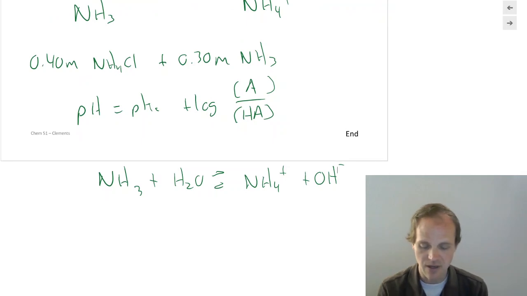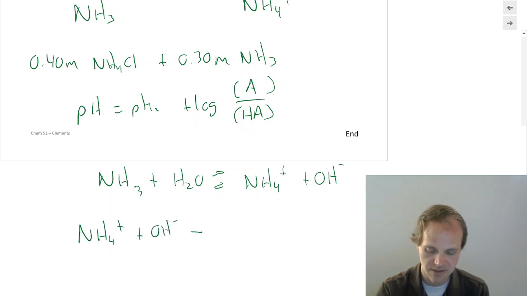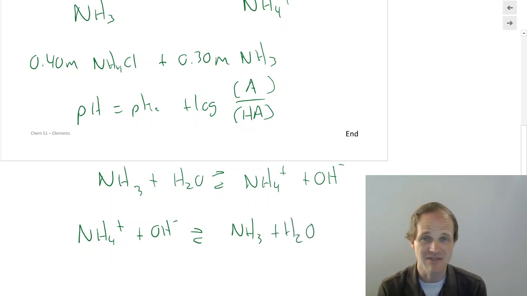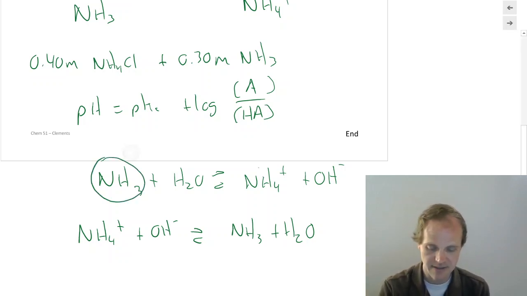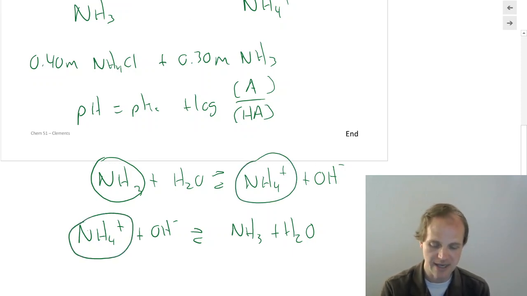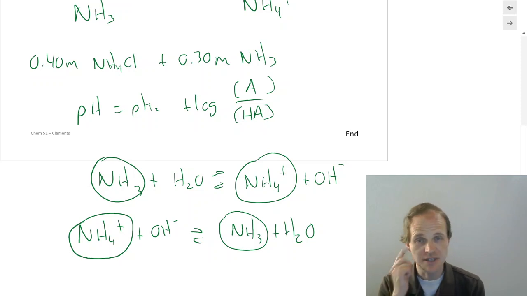Then couldn't we also do this equation, NH4 plus OH minus goes to NH3 plus H2O? It's the same thing, right? We know that those K expressions are just 1 over each other because we reverse the reaction. And here we've got a weak base and its conjugate acid. But here, since we wrote NH4 on the left, we now have a weak acid and its conjugate base.